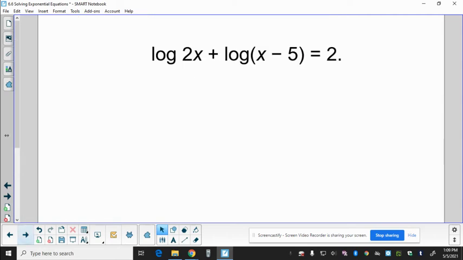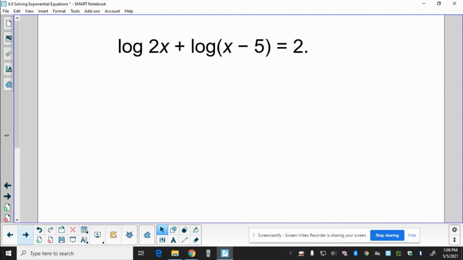All right, let's go ahead and take a look at this one. How would you go about solving this equation? So as we take a look at this equation, it appears as though it might be impossible to get that x alone. But if we could implement one of our logarithm properties, then I think that we would have a chance to get this done.